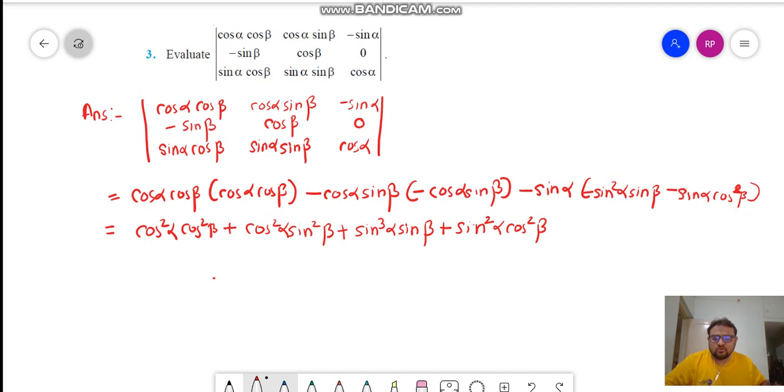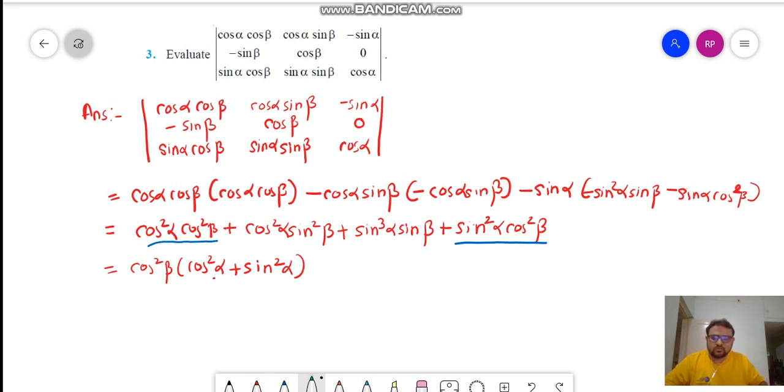Okay, so now see here, cos square alpha cos square beta, sin square alpha cos square beta, from this I can take cos square beta common, what I will get, cos square alpha plus sin square alpha.